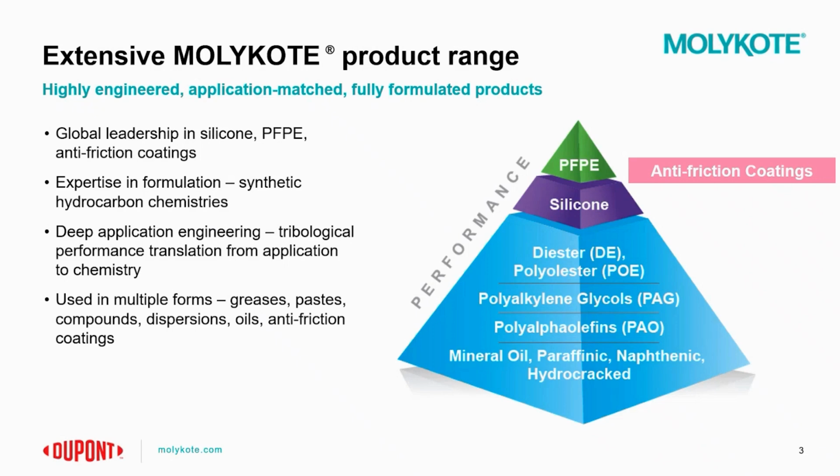For example, a commodity non-synthetic base oil like mineral oil will likely not match the high performance capabilities of a synthetic base oil like a PAG or a diester, especially in regards to performance requirements such as oil bleed, wide temperature ranges, and load carrying capabilities.